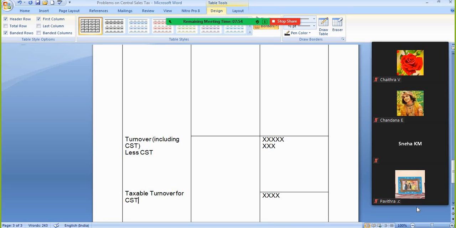Depending on the length of the problem, if the question is a little bigger, it would be a 14-mark problem. So we'll cover both types of problems. The question which we were discussing in the previous class, that is Mrs. Vasudha, is a 6-mark question because adjustments are less. So it depends on the adjustments.